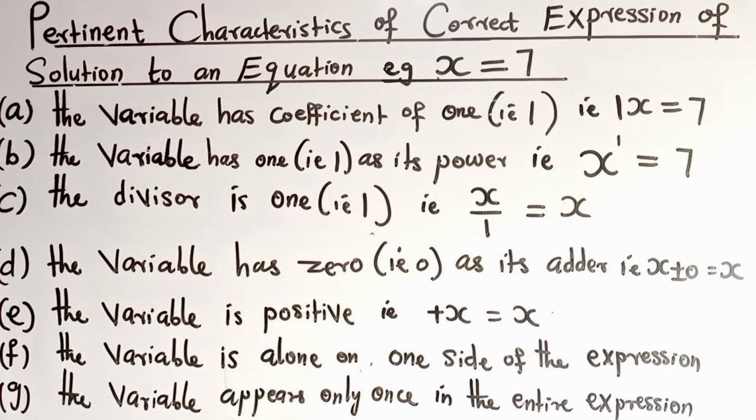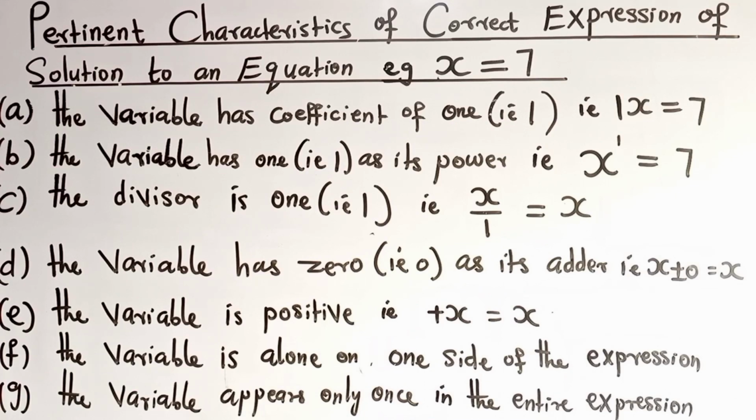Recall that I said that this could be one way to express an answer to an equation that was solved, so that at the end, the value of the unknown, which was x, has become 7. All right, let us focus on that expression, x is equal to 7.